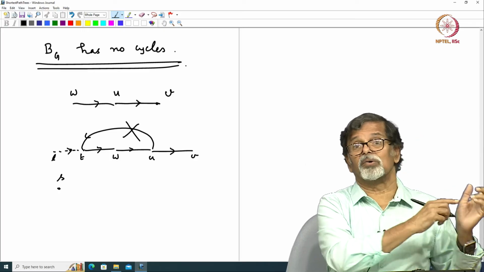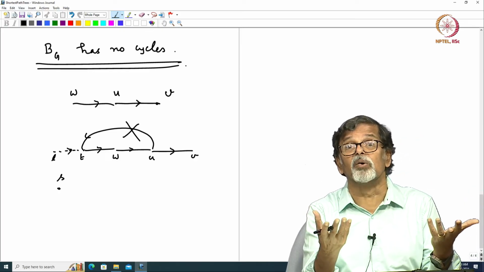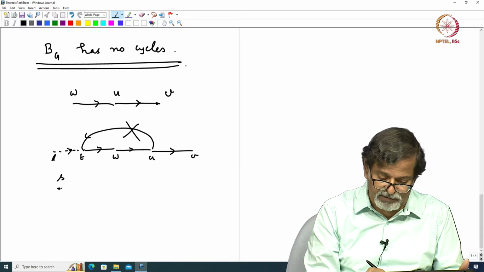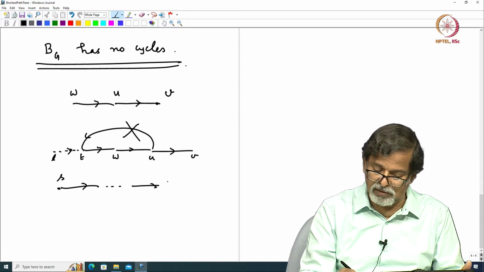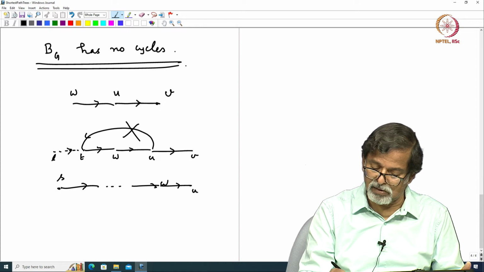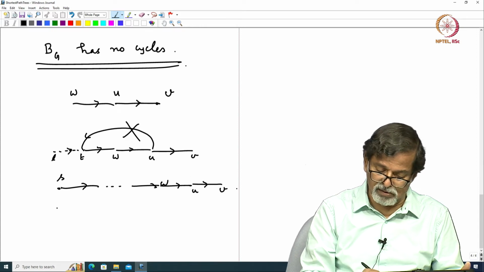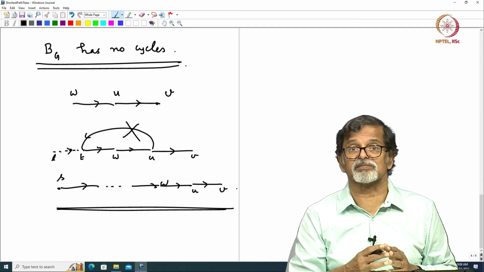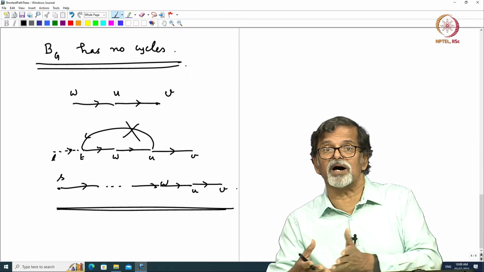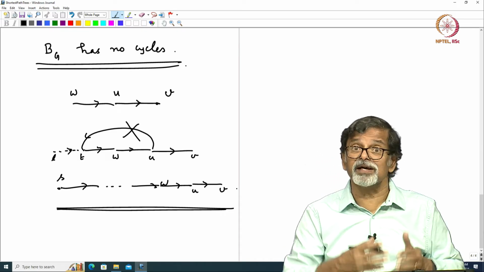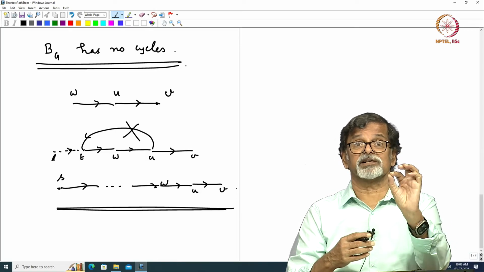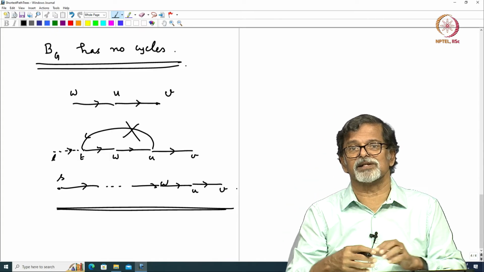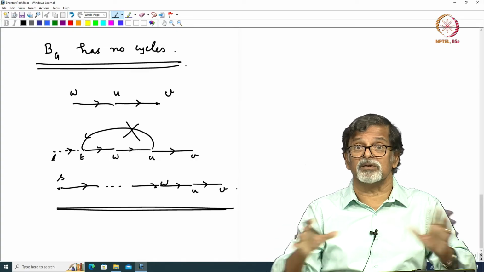From S you can't go any further backwards because S has no Bellman edge ending at S. Therefore, the process would stop at S. When this backward extension stops at S, we see that there is a path from S to V in the graph. So, for every vertex there is a path from S to that vertex. Therefore, it is going to be an out tree, no cycles.